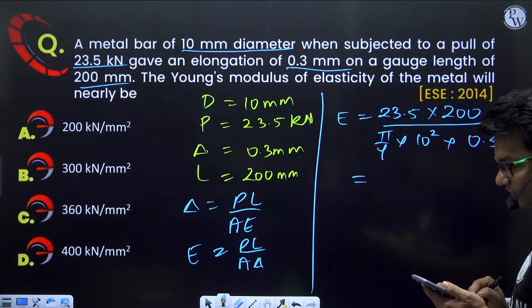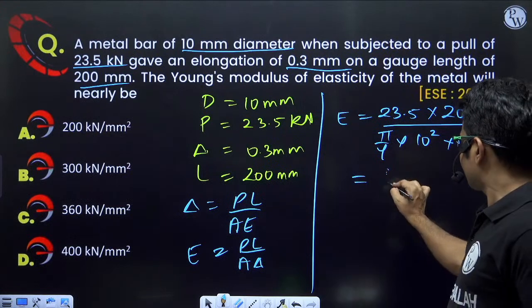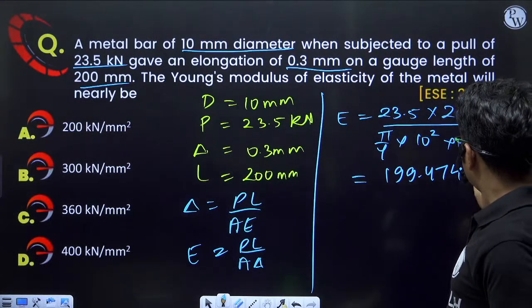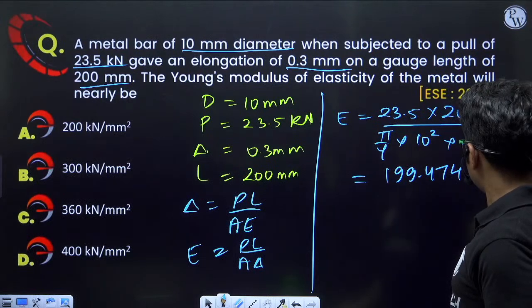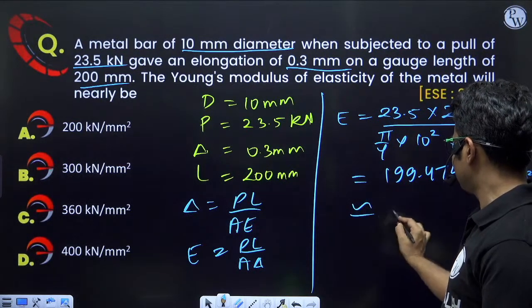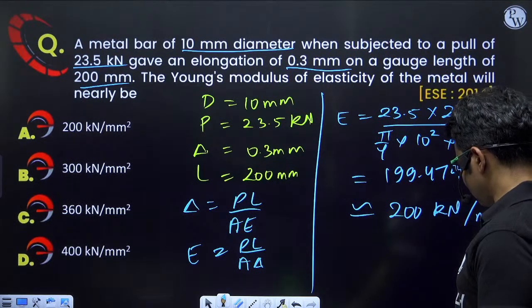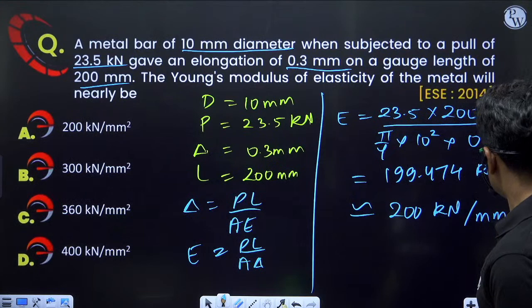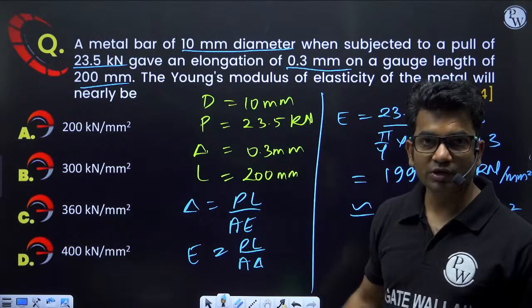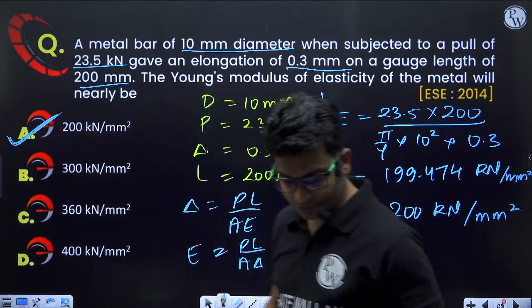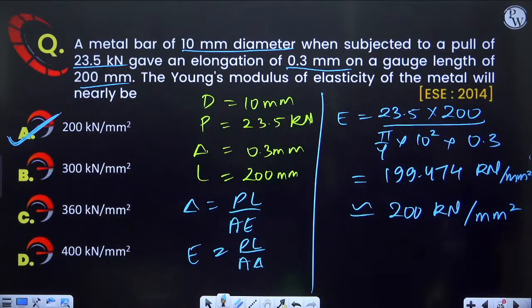We will be getting 199.474 kilonewton per mm square. Okay, so approximately this is equal to 200 kilonewton per mm square. So 200 kilonewton per mm square, option A will be the correct answer. Let's move on to next question.